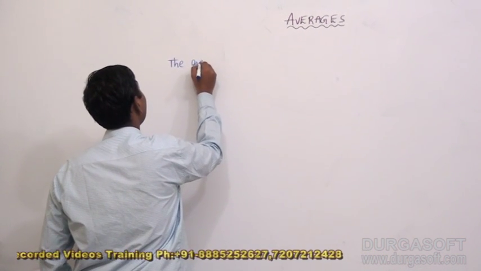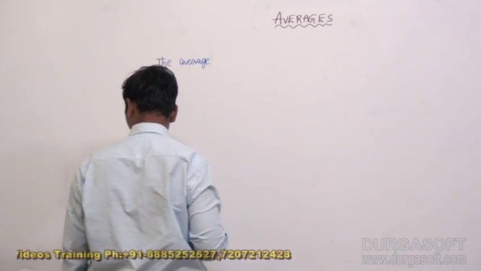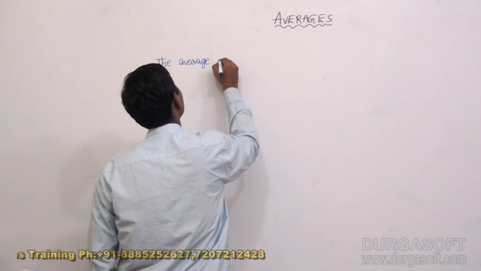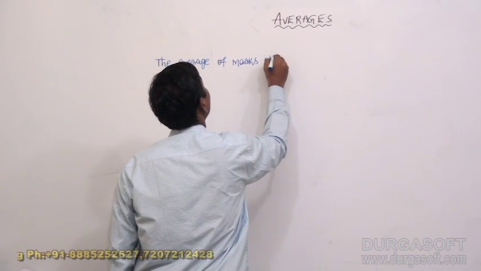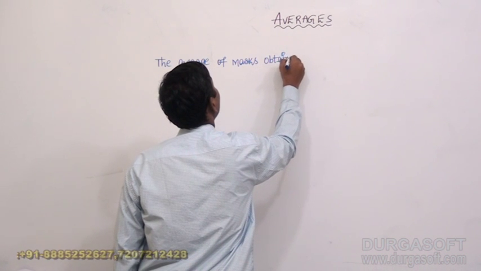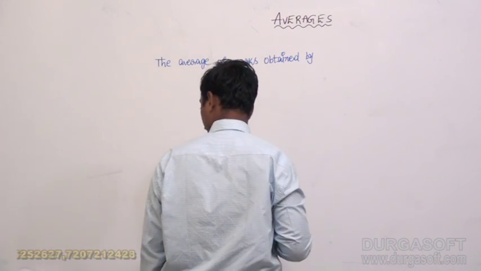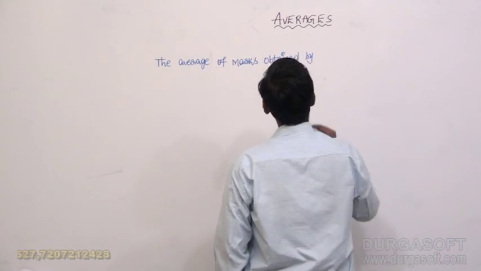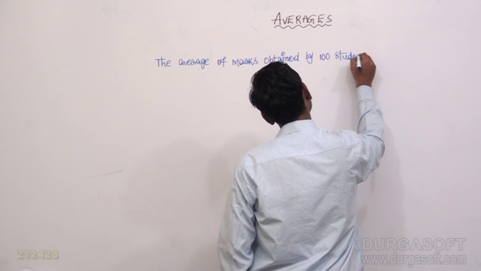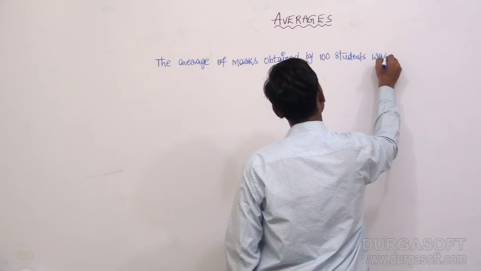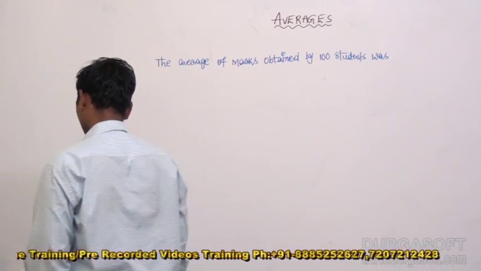Okay guys, the average of marks obtained by 100 students was 40.